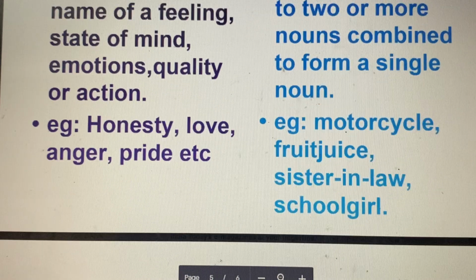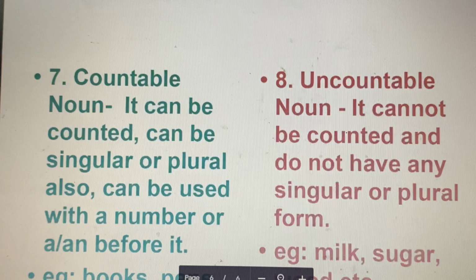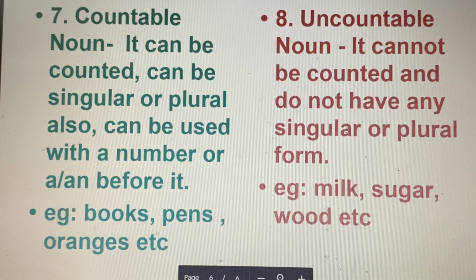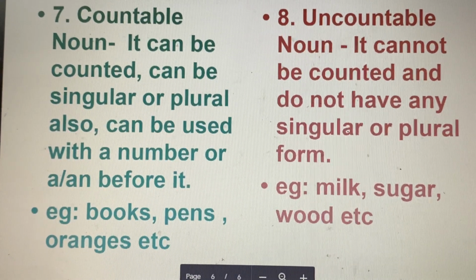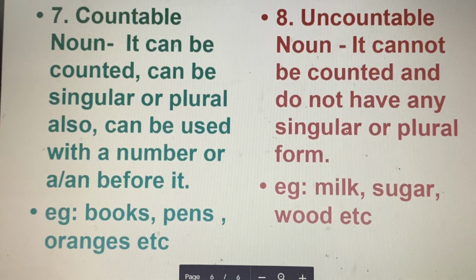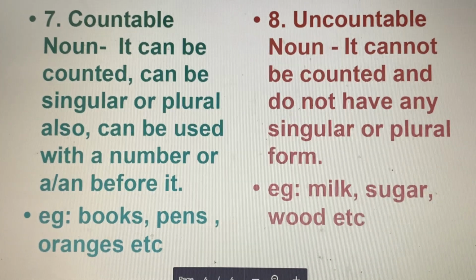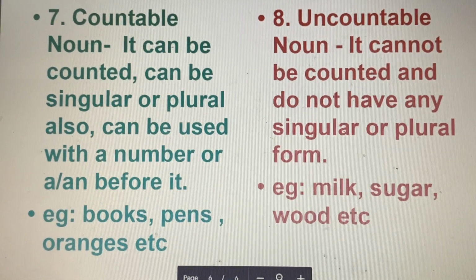Now next we come to the seventh one, which is countable nouns. They can be counted, can be singular or plural, and can be used with a number or a or the before them.